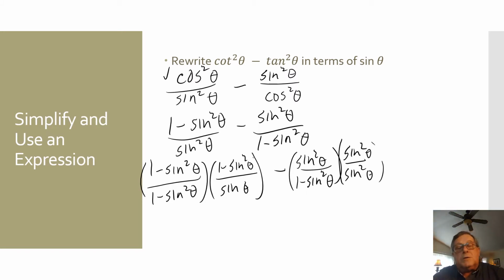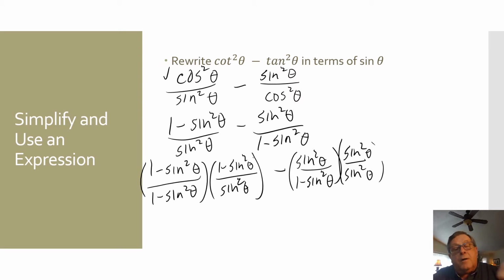Now, if I'm working across the top on the left-hand side, where I've got 1 minus the sine squared of theta times 1 minus the sine squared of theta, numerator times numerator, denominator times denominator. Oh, that's a squared. I've got to get my squared in there.